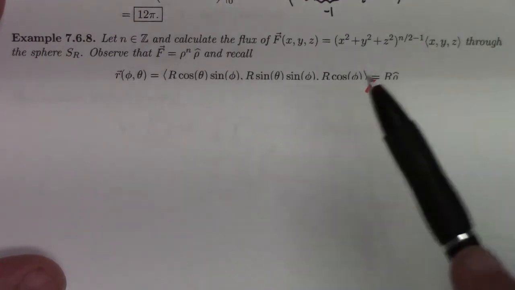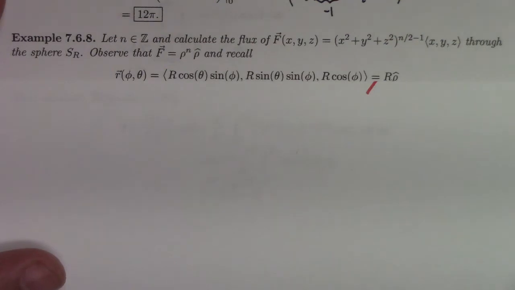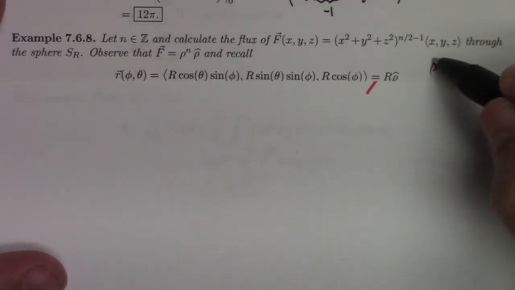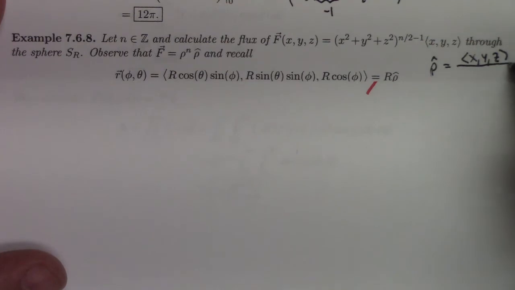Basically this formula gives me that the vector field f is rho to the power n times rho hat. Remember, if we want to write rho hat in terms of x, y, z, you could write it as x, y, z divided by the length of that, right?